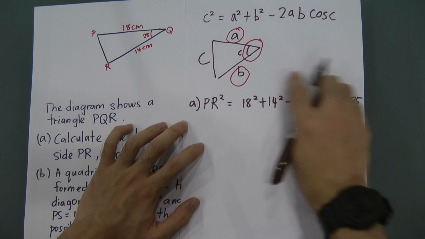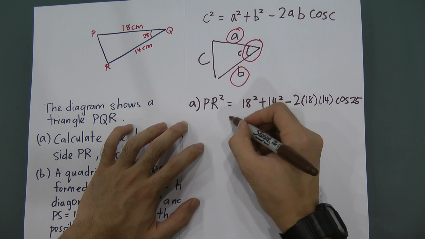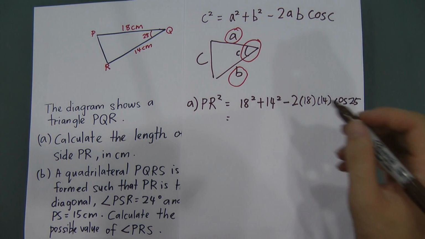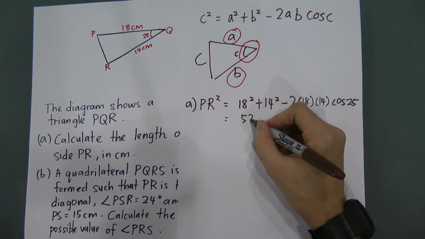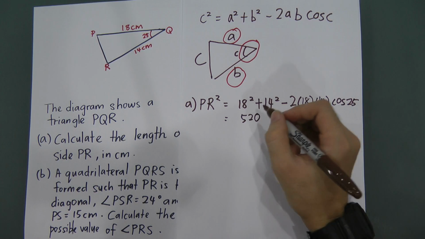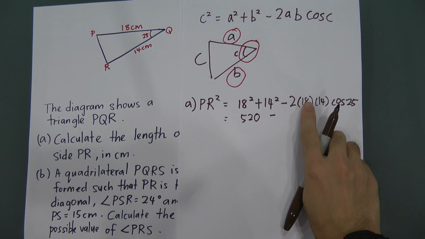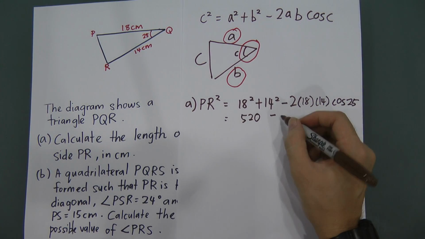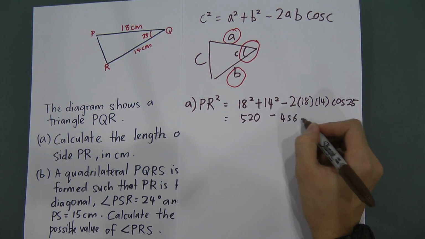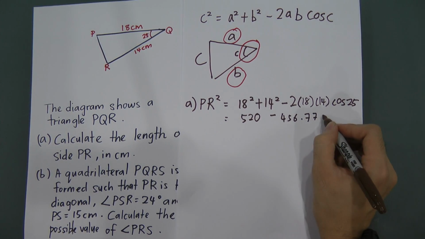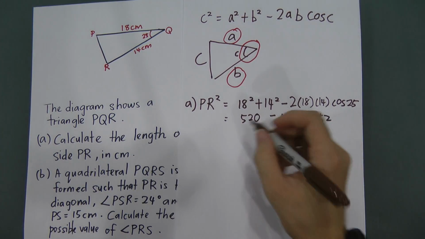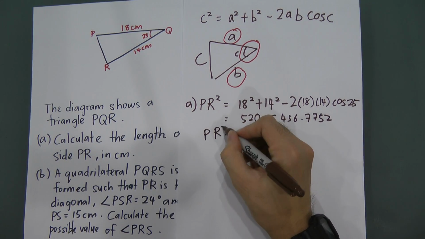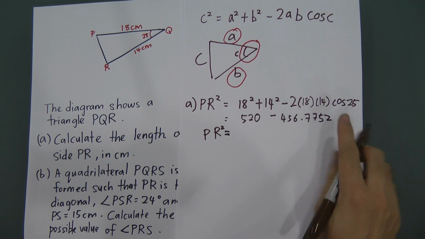So I just solve this equation. 18 square plus 14 square, you press calculator, you will get 520. Minus 2 multiply 18 multiply 14 multiply cos 25, you will get 456.7752.